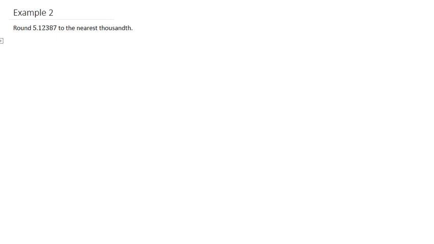Example 2. Round 5.12387 to the nearest thousandth. So let's go ahead and rewrite this, and let's go over place values.